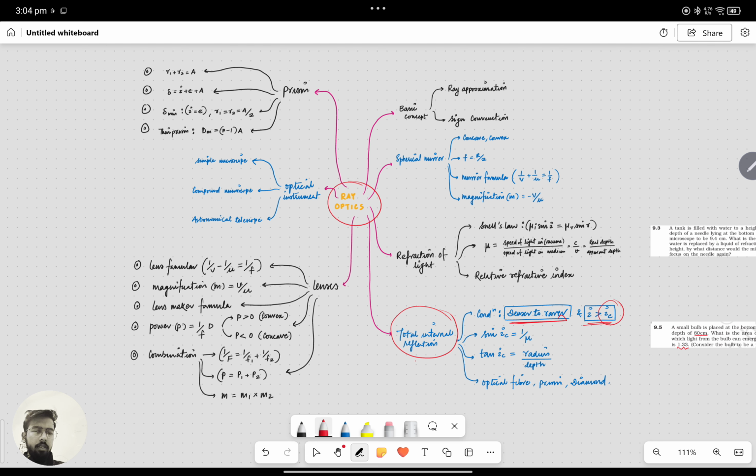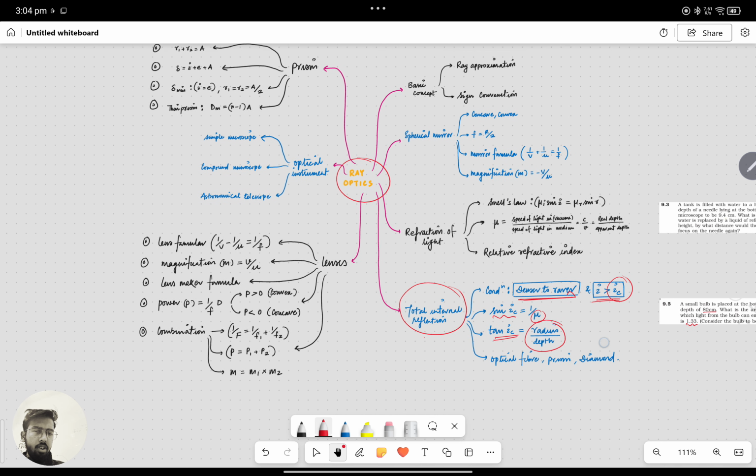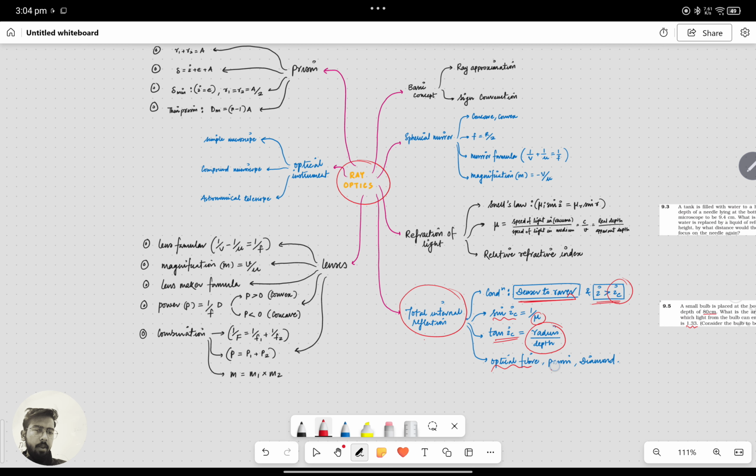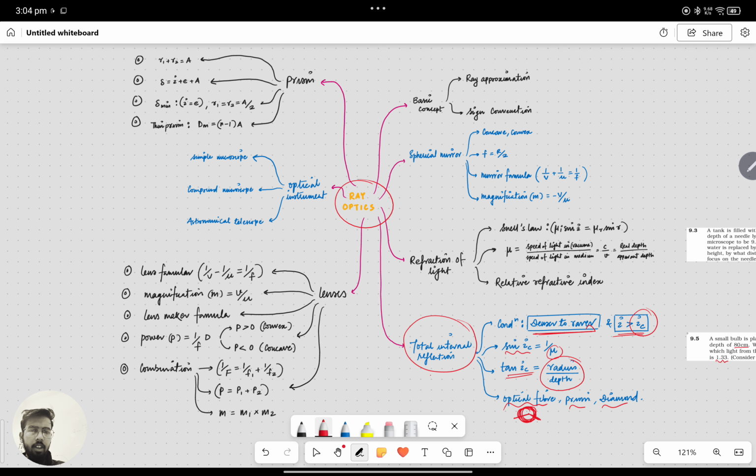Then sin IC is equal to 1 by mu, the refractive index, and tan IC is radius by depth, that you can find by using geometry. Then there are optical fiber, prism and diamond. There is also one question in NCERT based on the optical prism. You have to define how TIR works in optical fiber. This question generally repeats in board examination.